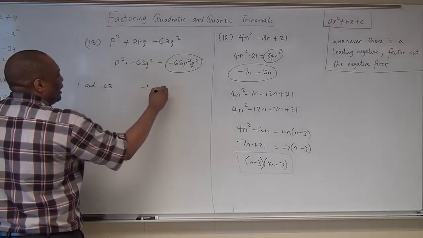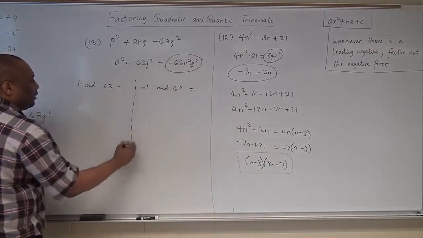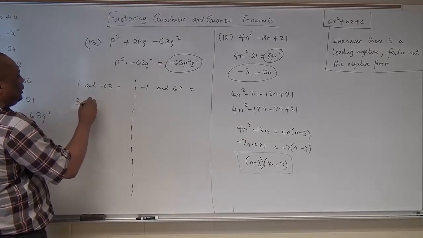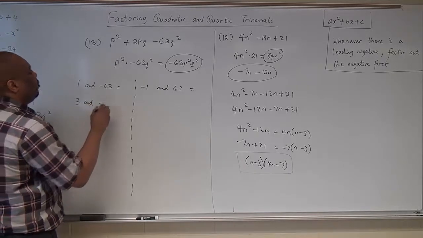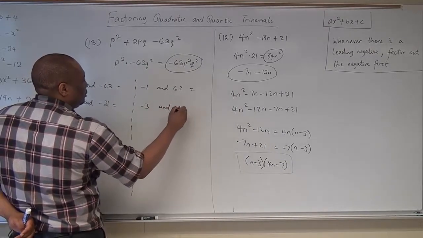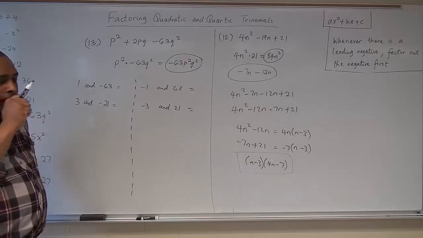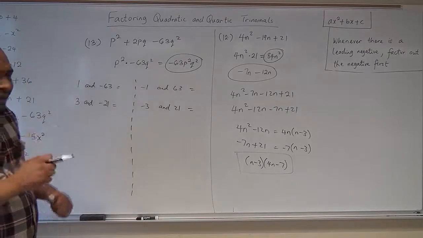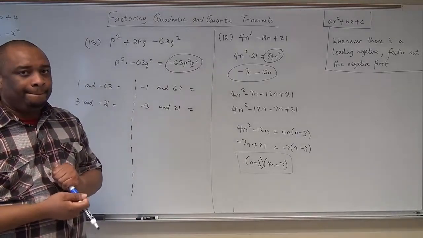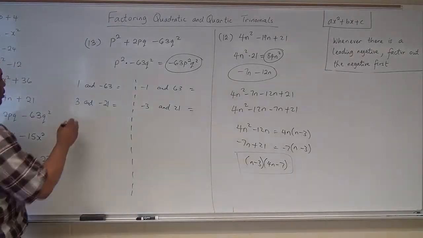Then negative 1 and 63. 2 will not work, 3 will work, 3 and negative 21, and then negative 3 and 21. 4 will not work. 5 will not work. 6 will not work. 7 will work. 7 and what?